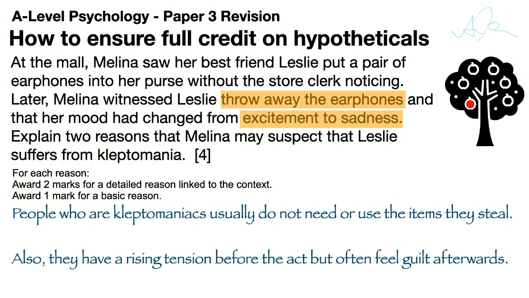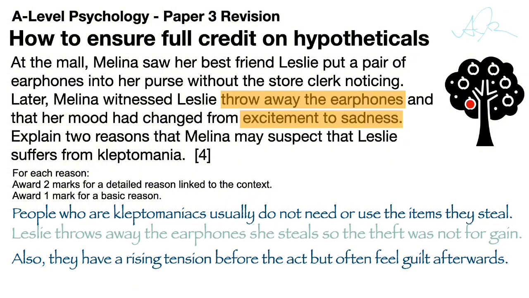So let's look at the first thing I wrote here. People who are kleptomaniacs usually do not need or use the items they steal. Great. How difficult would it be to mention the earphones? So Leslie throws away the earphones she steals, so the theft was not for personal gain.